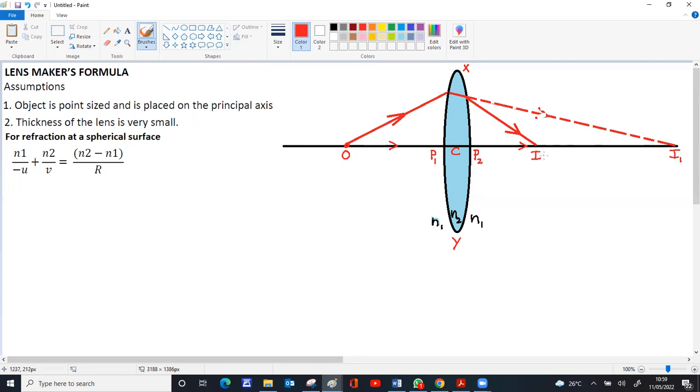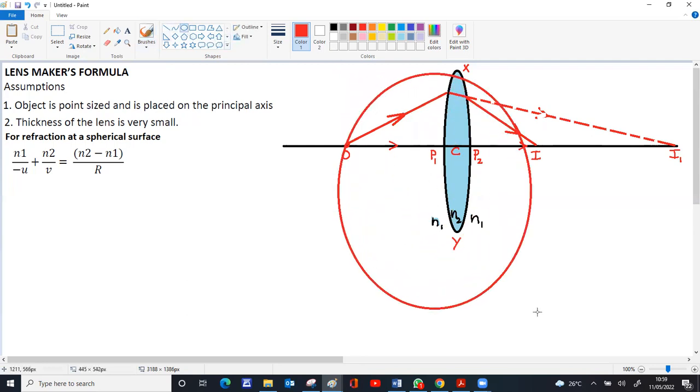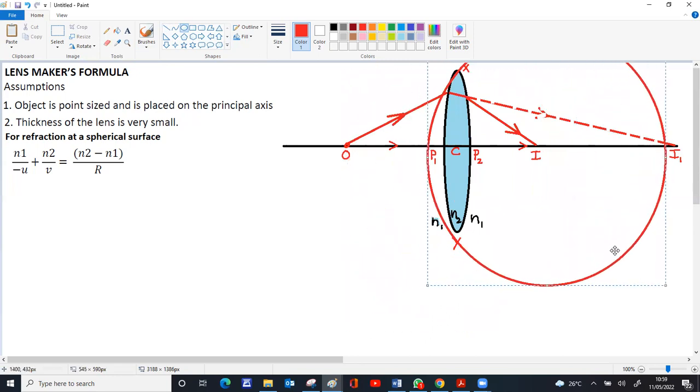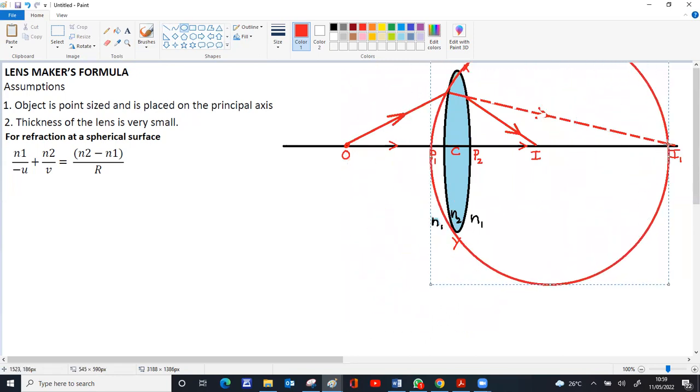The final image is formed at I. So to get that bending towards the normal and away from the normal, if this is the first surface, this will be the center, so this will be the normal. So instead of the light ray going out like this, it bent towards the normal, like this.